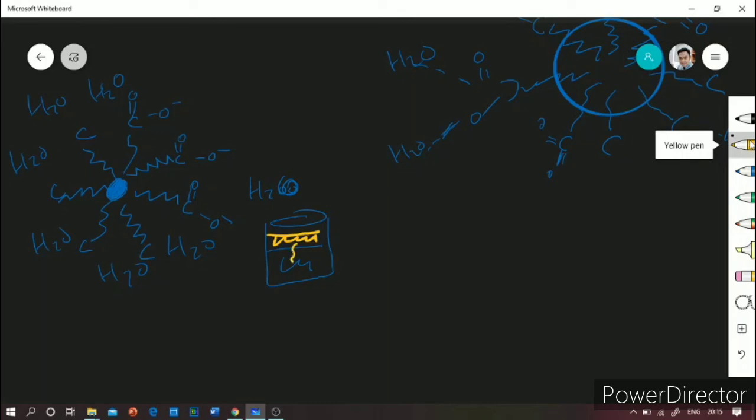The oil never goes inside the water. They just separate because there is no interaction in there. But by using this soap, you can have the dirt in here.